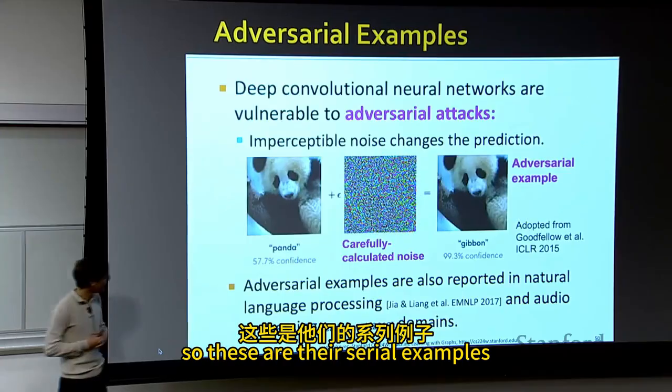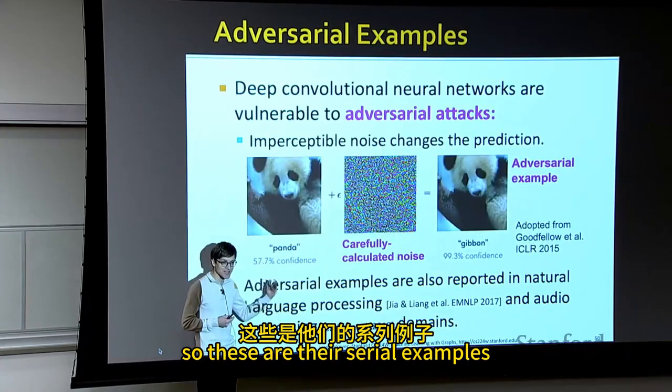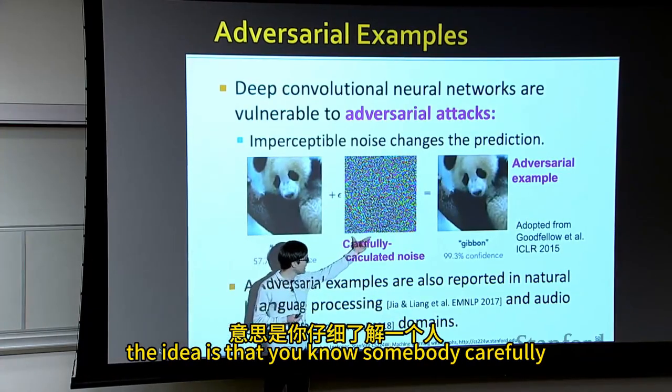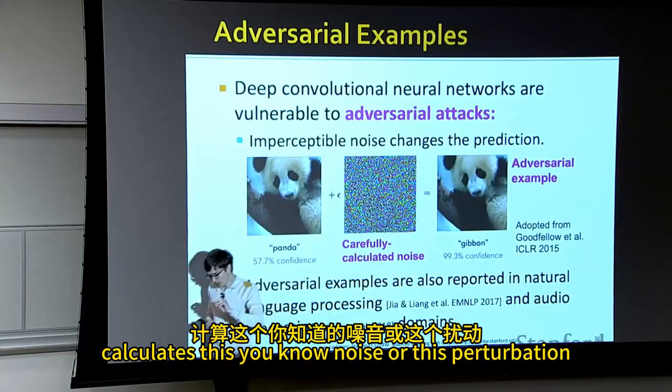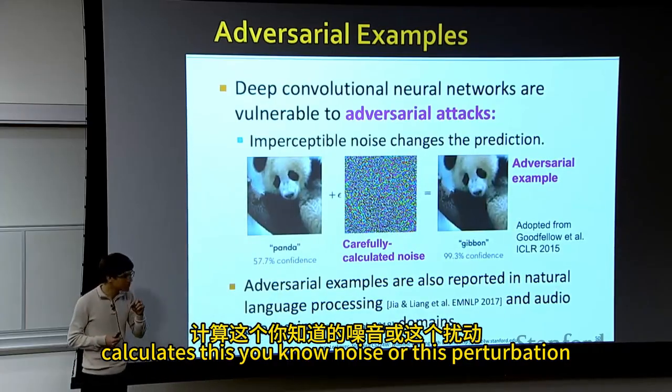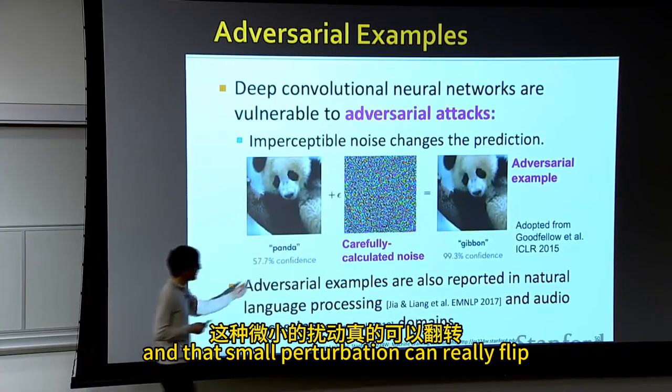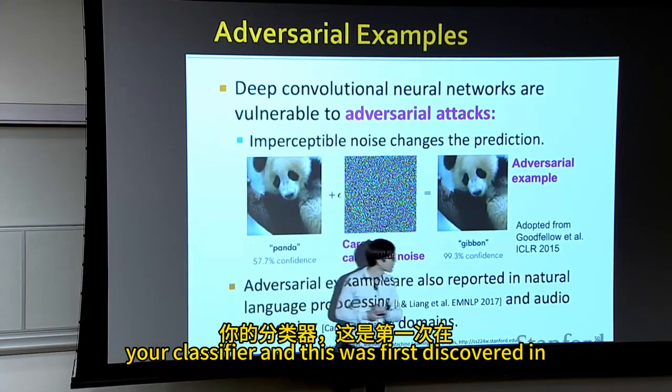So these adversarial examples, the idea is that somebody carefully calculates this noise or this perturbation, and that small perturbation can really flip your classifier.